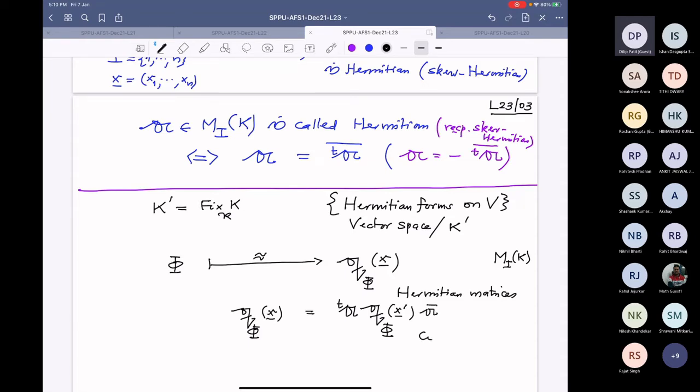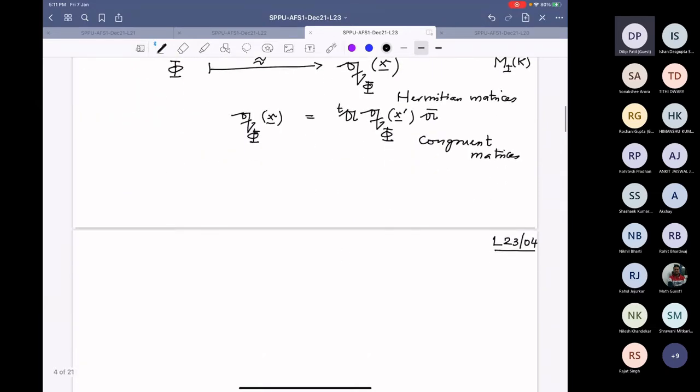These are called congruent matrices. And this is the change of basis from x to x prime, and they are related by what we saw earlier. So one could play around. If you want to choose a basis, you can go here and study the matrices and convert it. That is why I stated this. And the proof is more or less obvious.